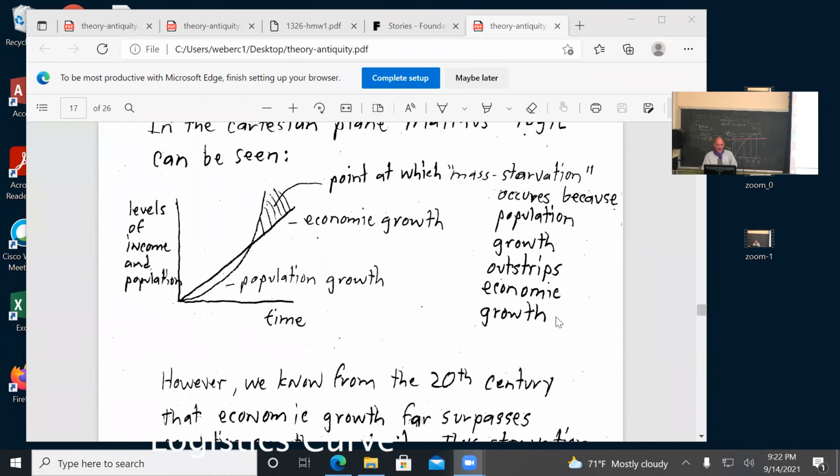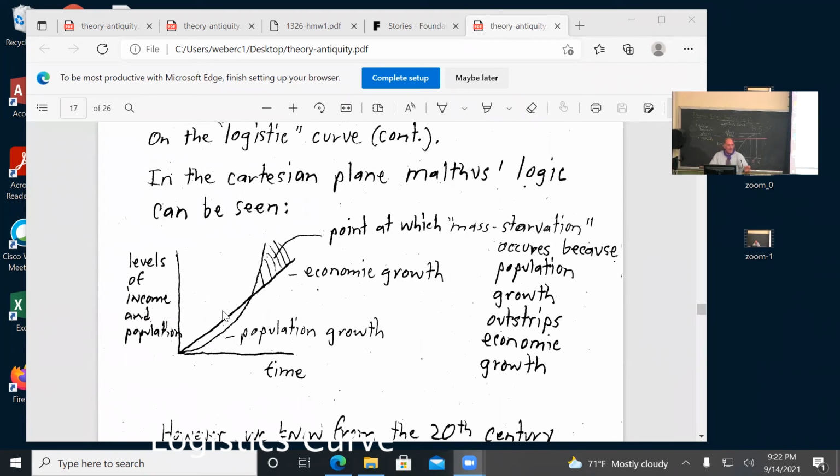So whenever you hear that there's too many people on Earth or some stuff like that, that's called Malthusian thinking, that the population will grow quicker than the means to support the population.